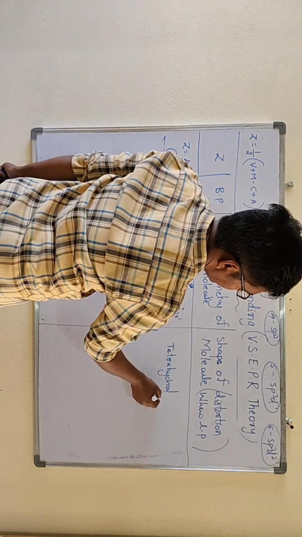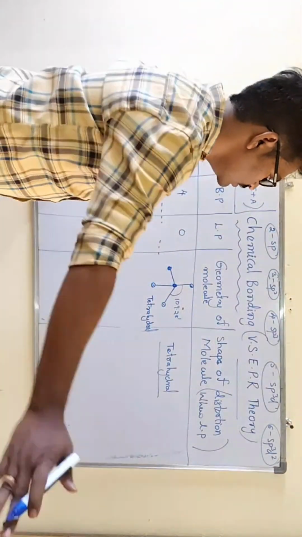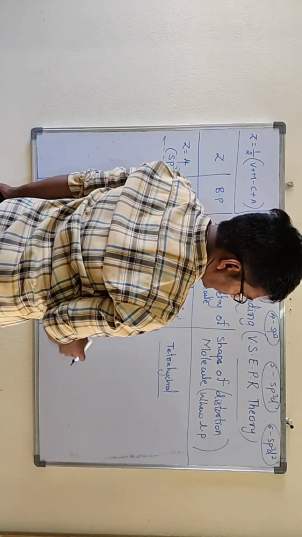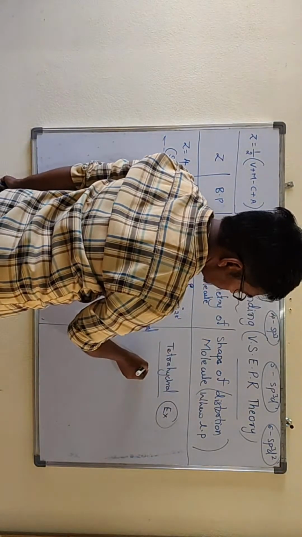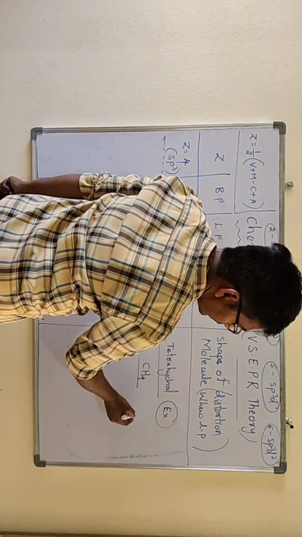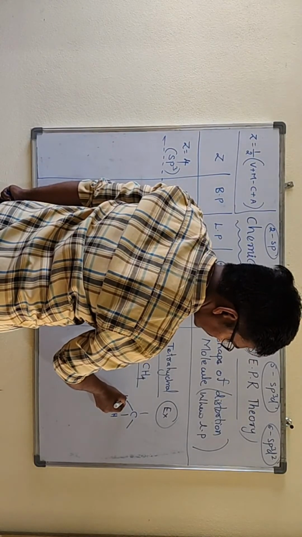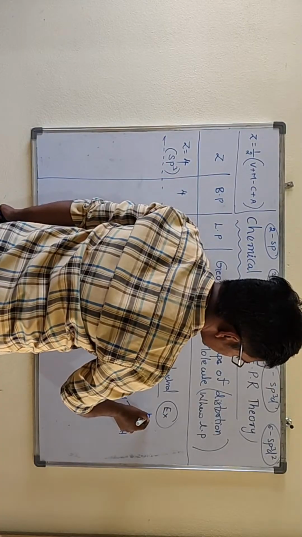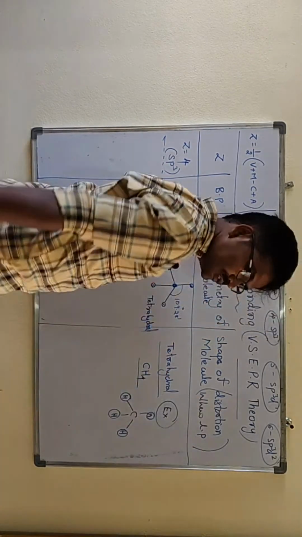An example for this is the CH4 molecule. In the CH4 molecule, the carbon is surrounded by 4 hydrogen atoms like this. How many hydrogen atoms are present? 4 hydrogen atoms are present.